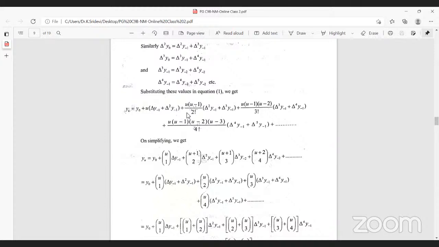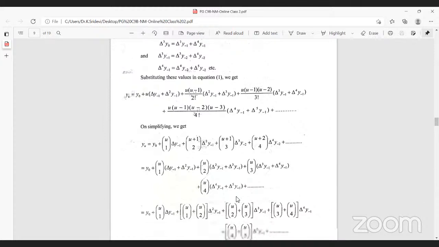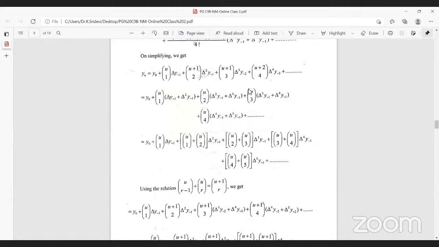Plus this is uC2. uC2 can be written as u2, and this expression is same. Plus this can be written as uC3, so you can write u3, and this expression is same. And this one is nothing but uC4. You can write uC4 like this, and this expression is same, plus and so on.